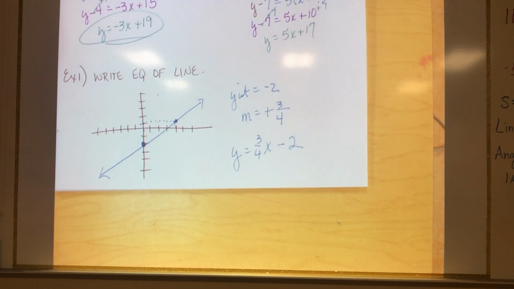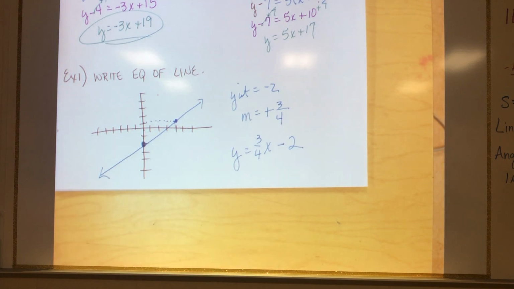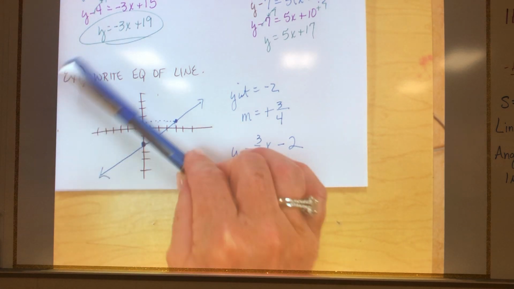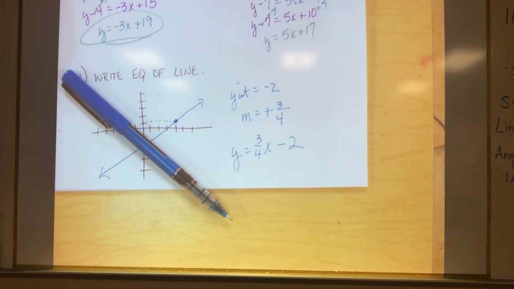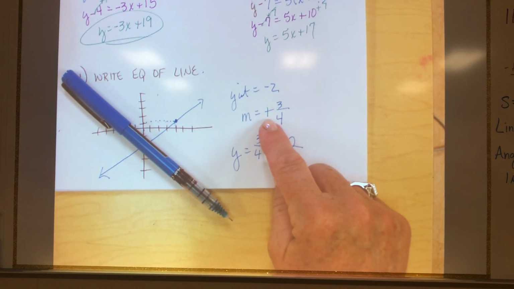Okay, so what can I do to this problem and make 1/3 of the class miss it? It's a picture. What can I do to the line? Make it go down. As soon as I make a negative slope, I'm gonna drop that sign right there.